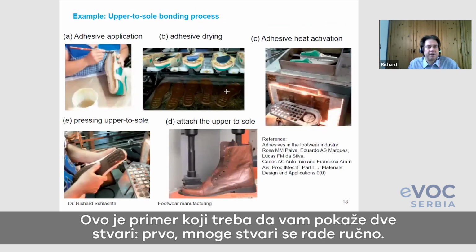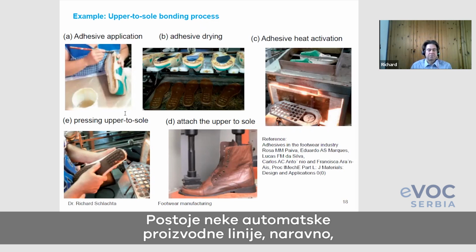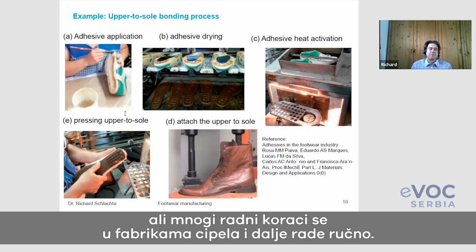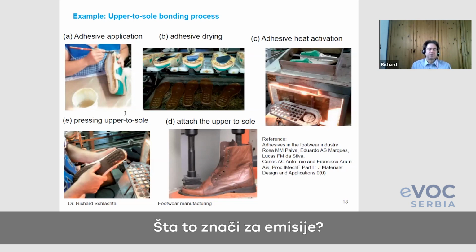Here's an example just to show you why. Two things I want to show you. First, many things are done manually. There are some automatic lines, sure, but I would say many working steps in a shoe factory are still done by manual operations. And what does it mean for the emissions?